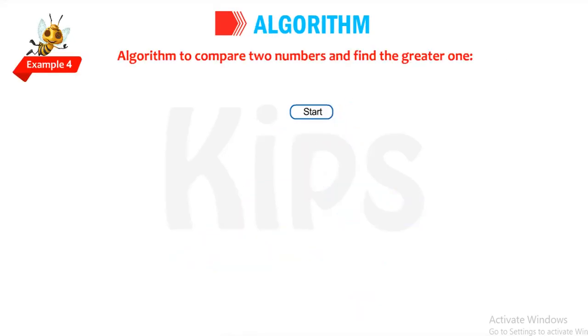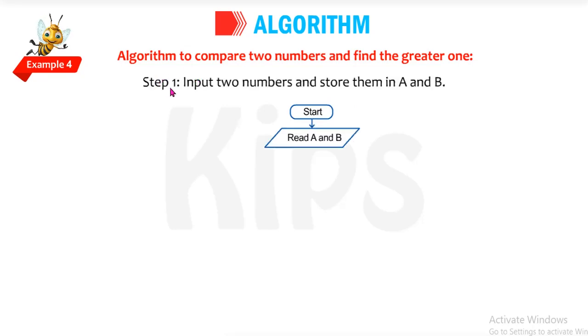Now we are going to see algorithm and flowchart in a single problem solving. We will see what are the steps included in the algorithm and what are the symbols and the way used in the flowchart. Step 1.